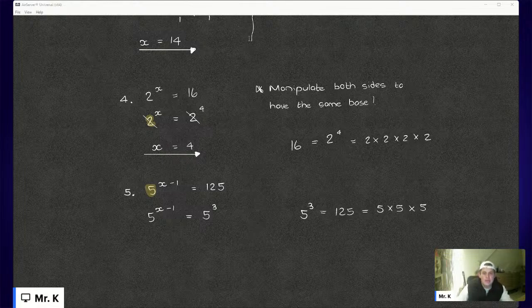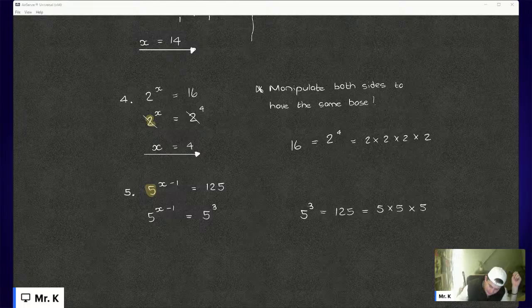So you really do have to familiarize yourself with the basic exponents that we use, squares and cubes most commonly. So now that I have the same base on both sides, only at this point, grade 9s, am I allowed to drop my bases and make a linear equation out of the exponents.